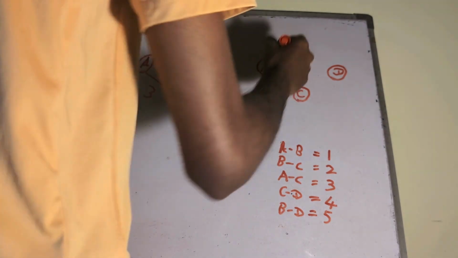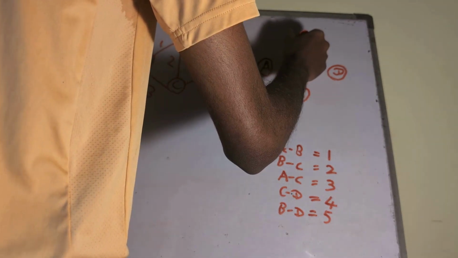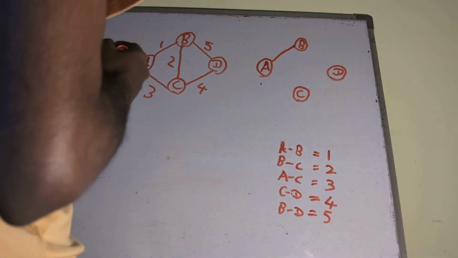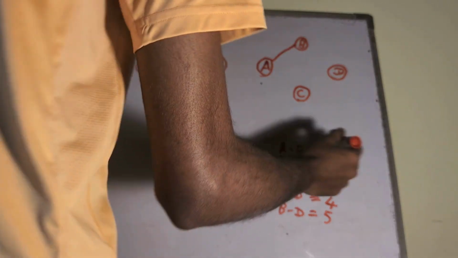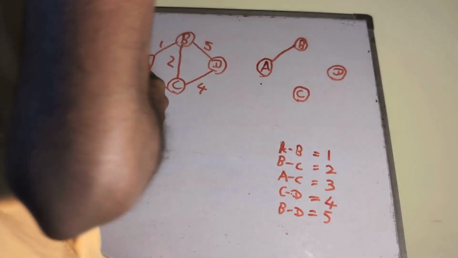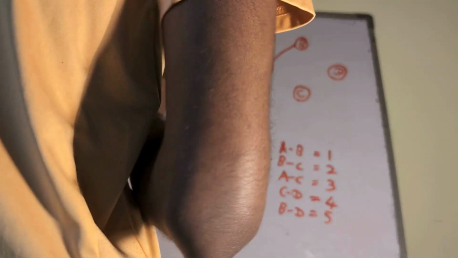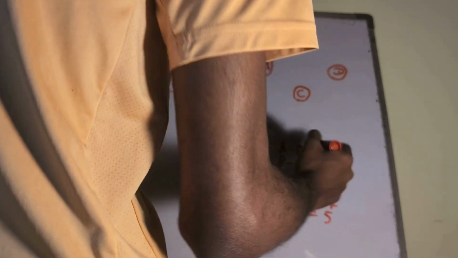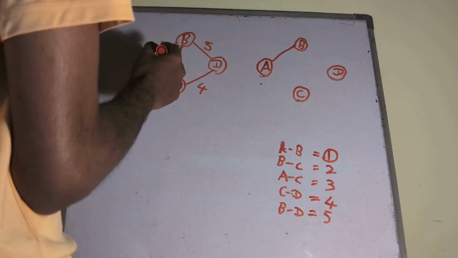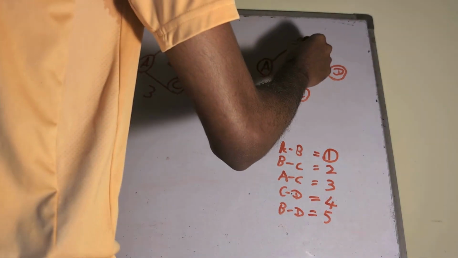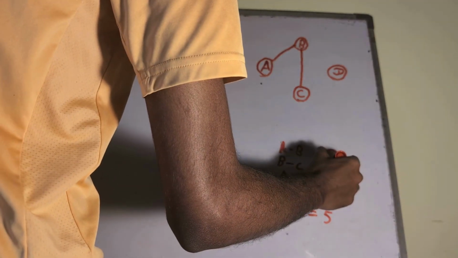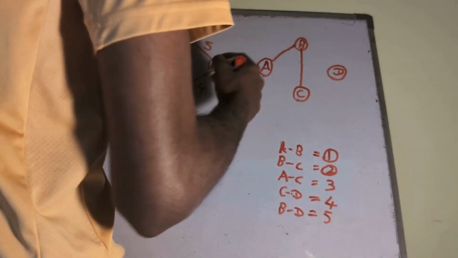We can connect AB, the smallest weighted edge. Second one is 2. We can use the 2, B and C, like this, no problem.